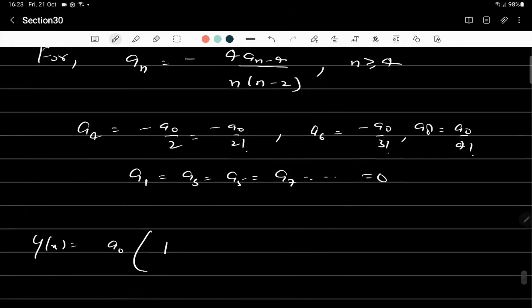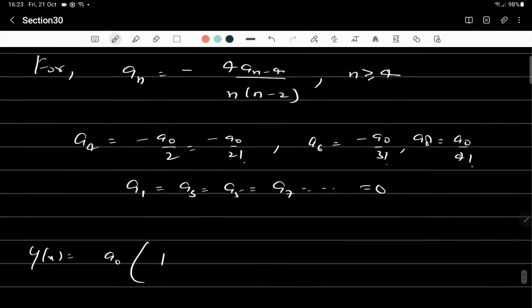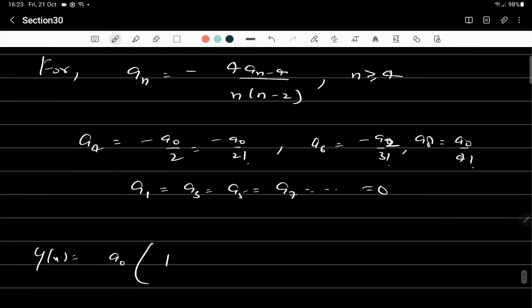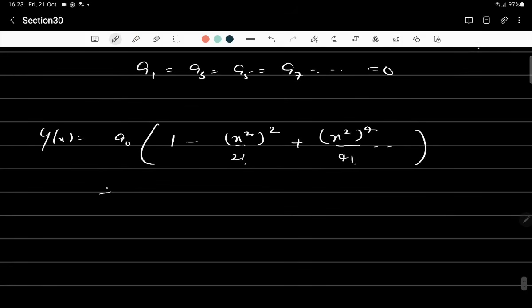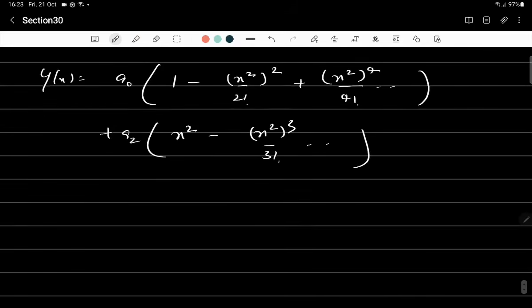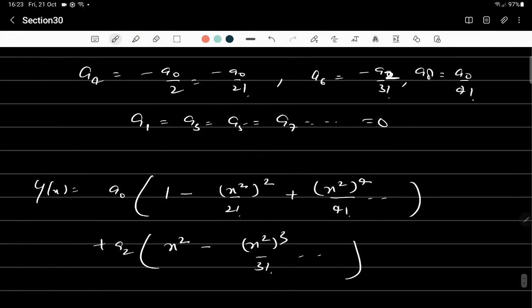You got a5 in terms of a1, but you just computed that a1 is 0, so the remaining terms would also be 0. And a3 is also 0. So next is a6, which is minus a0 by 3 factorial. a8 is a0 by 4 factorial. But your a1, a3, a5, a7 all are equal to 0.